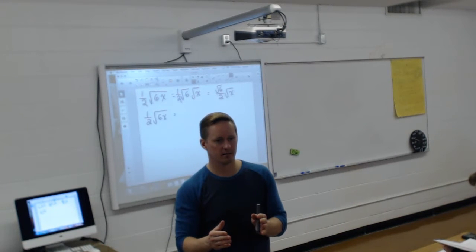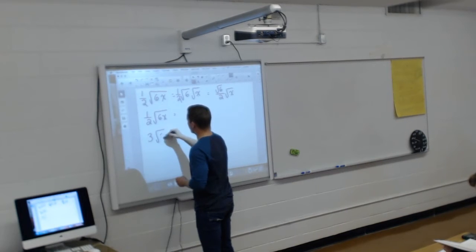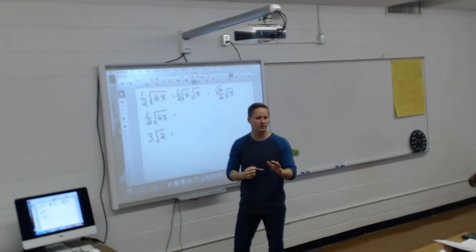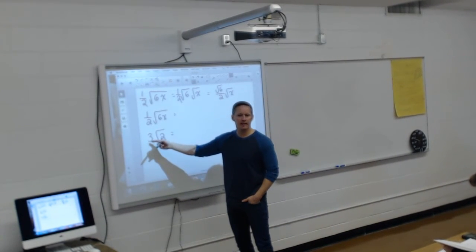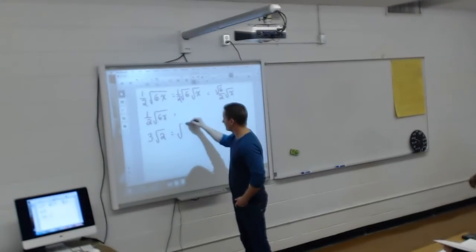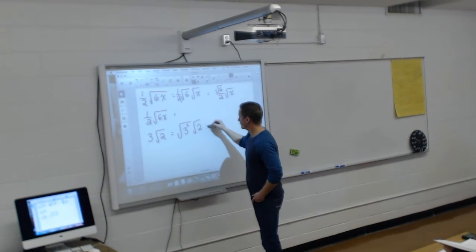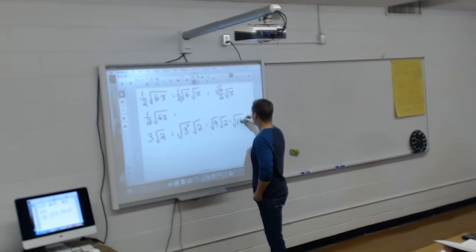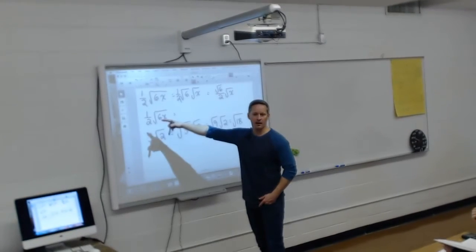If I had 3 square root 2 and wanted to make that one whole radical, how can I make the 3 a square root without changing the value? That gives me root 9, root 2, which is root 18. You remember that from last year? Okay, I'm going to do the same thing right here.